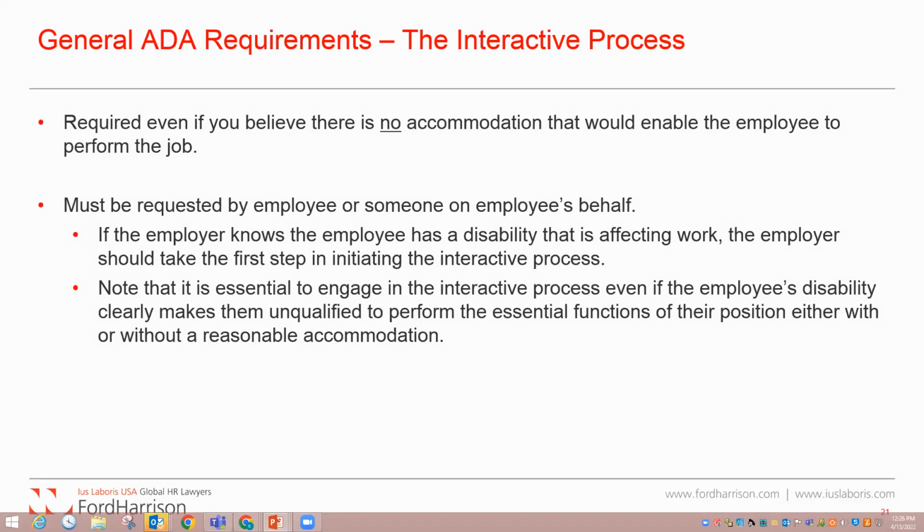The interactive process is the first part in the ADA process, and it's required even if you believe there is no accommodation that would allow the employee to perform the job.